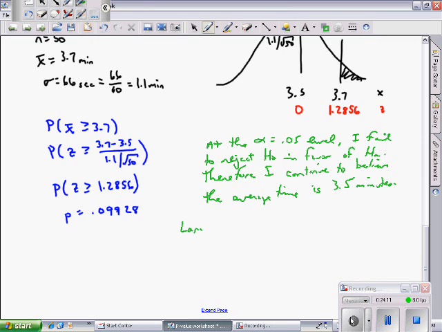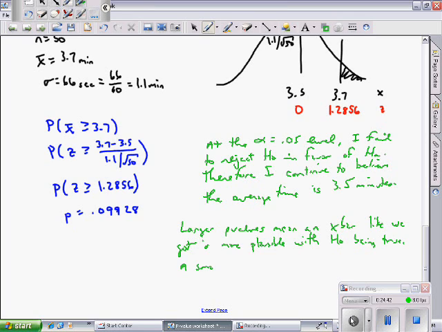So larger p-values mean an X bar like we got is more reasonable, or is more plausible with HO being true.